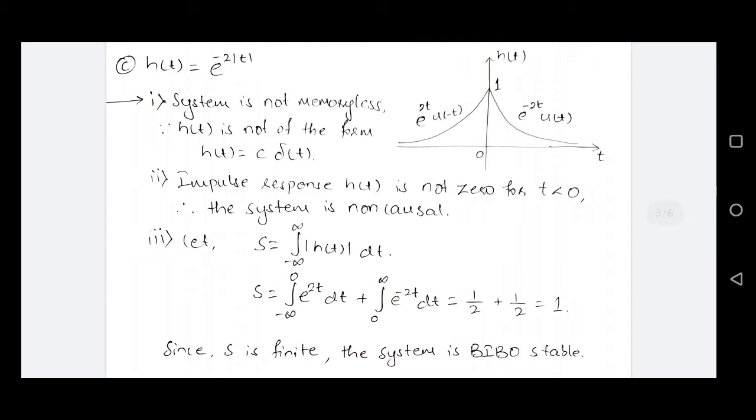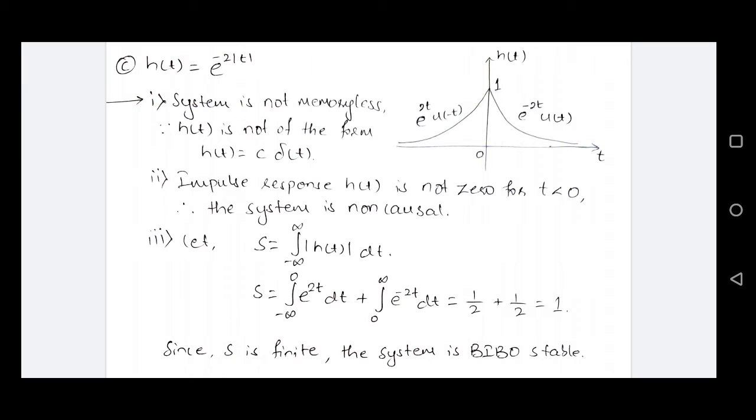is defined by an impulse response h of t equals e to the power minus 2 of magnitude of t. Now this is a continuous time system's impulse response, and if you look at its nature, it's a two-sided function.